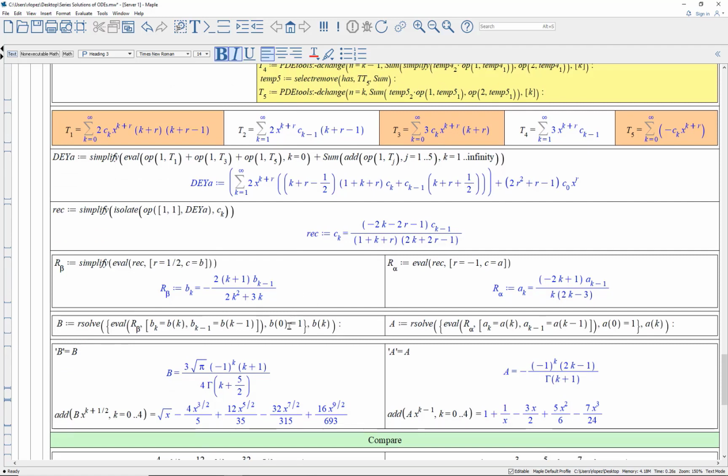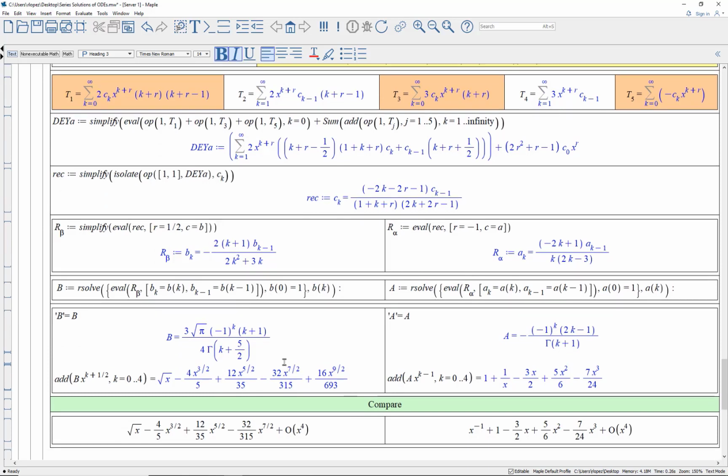I get terms from those recursions because I rsolve them, recursion solve them, which Maple can do, and then I get that expression. I do the same thing here, and we can see that we have gotten the terms from y1 and y2. Here you have the square root multiplying everything, and here you have the 1 over x multiplying everything.